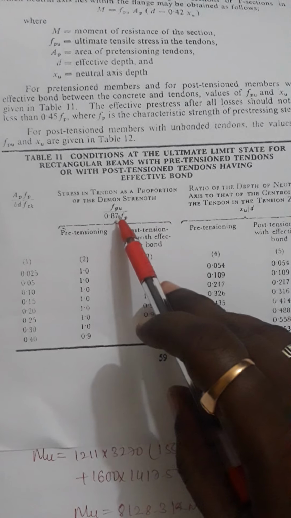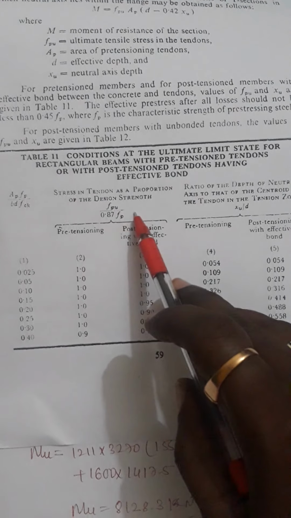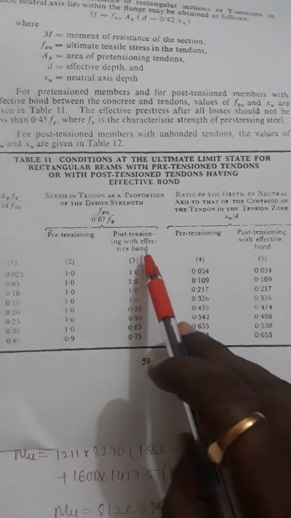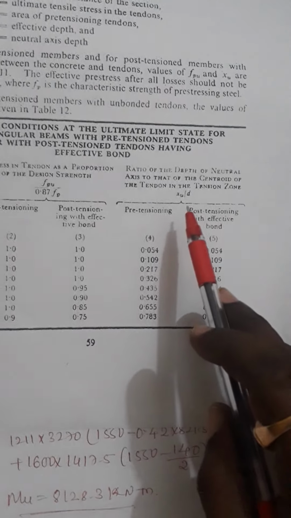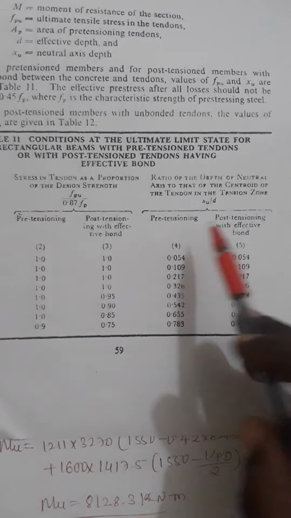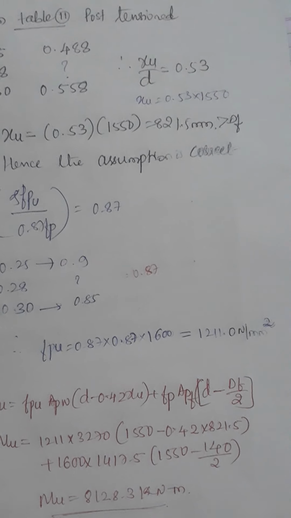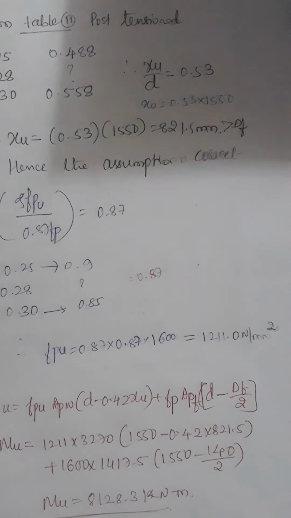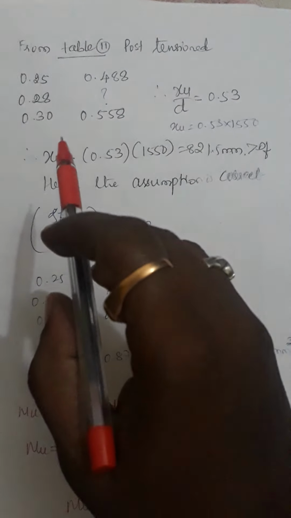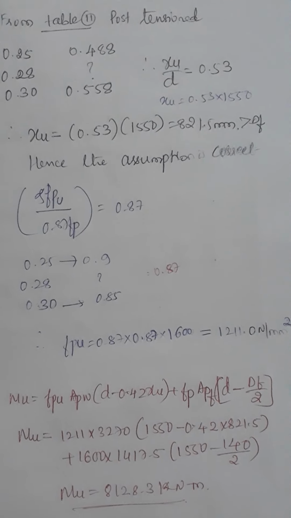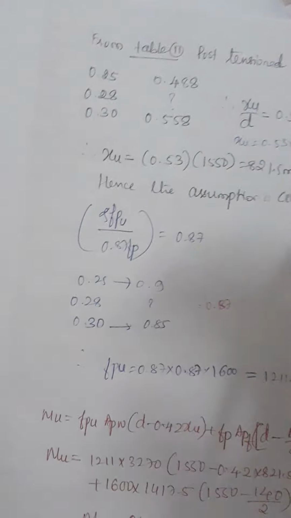So here we got FPU upon 0.87 FP, pre-tension, post-tension. Similarly XU upon D, pre-tension and post-tension. So our value is 0.28. We got the value, that is effective reinforcement ratio, so here it is 0.28.